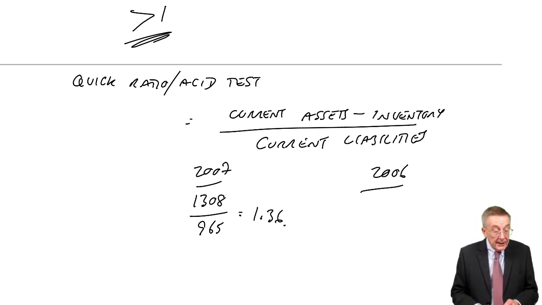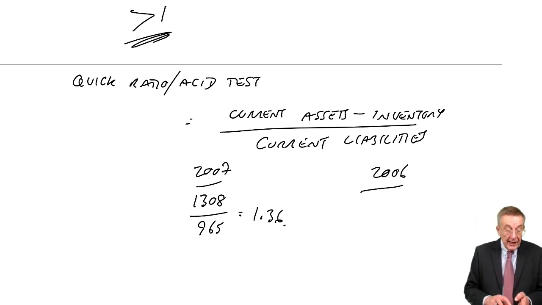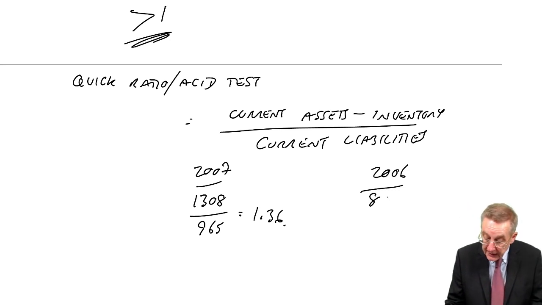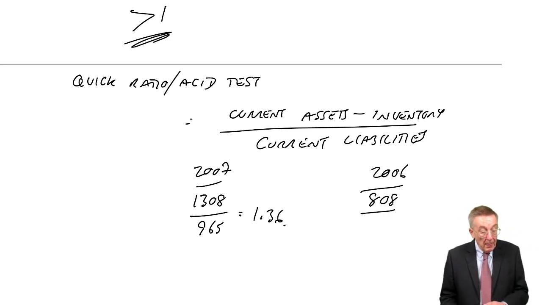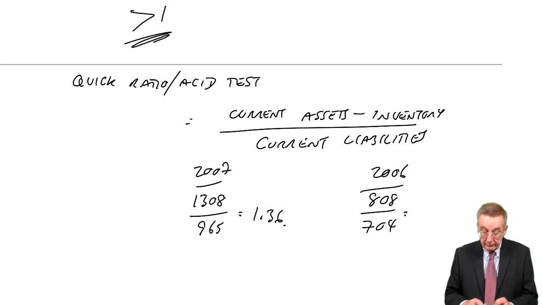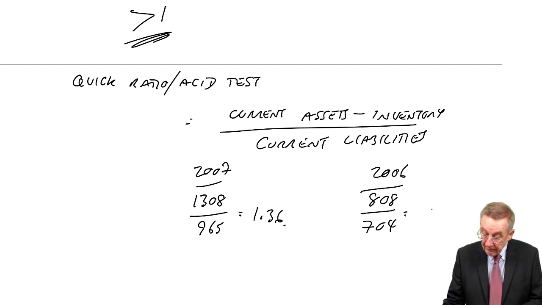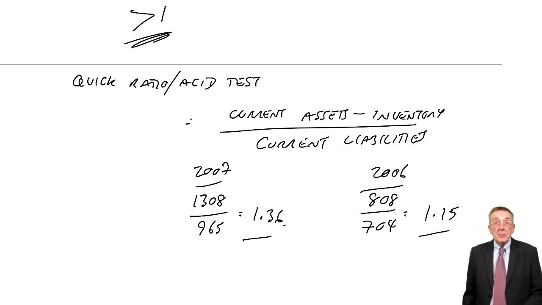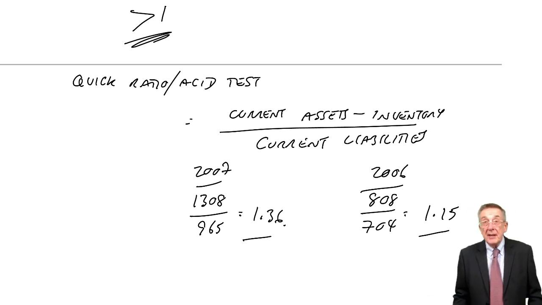In 2006, 1679, but take out the inventories of 871, leaves us with 808. A liability is 704. 1.15.